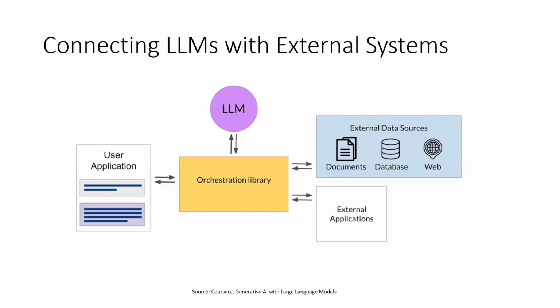So these systems can get information from other external resources, and then you can invoke some APIs in the external systems, like calling a web service or REST service and so on, using this orchestration library, depending on the responses generated by the LLM.